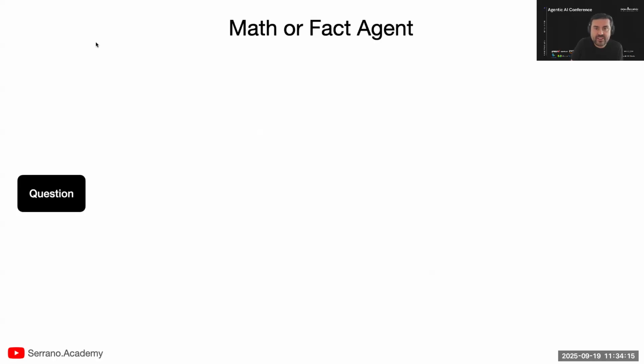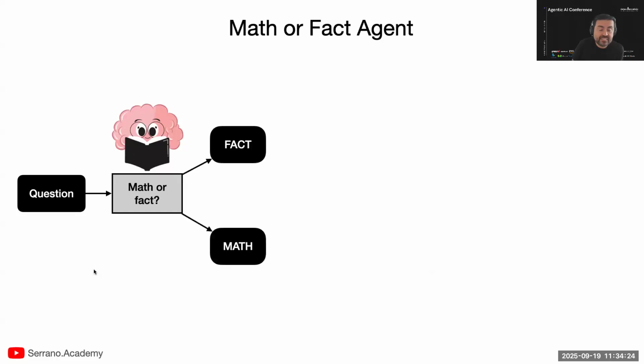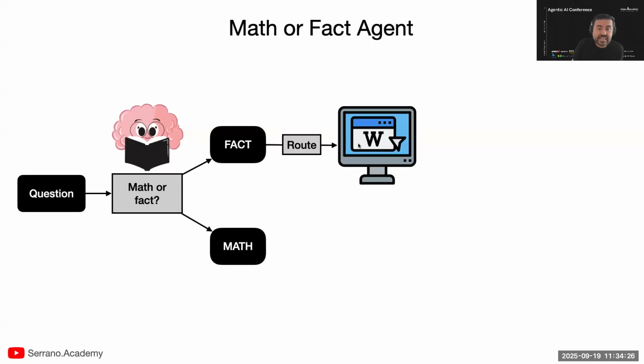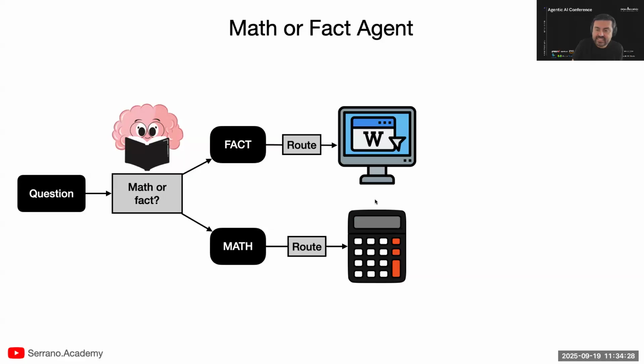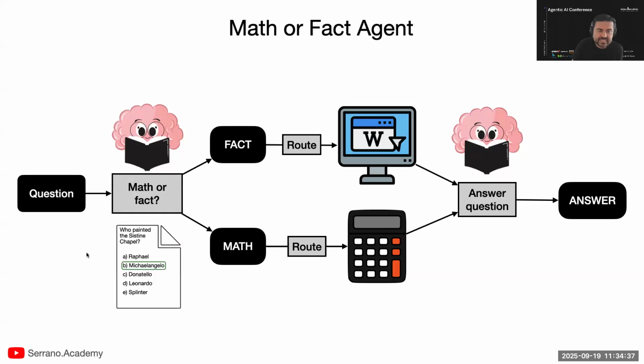And now there's another agent that I'm going to show you in the labs, which is math or fact. Give it a question. It tells you if it's math or fact. If it's fact, it sends it to RAG. And if it's math, it sends it to the calculator agent. And then it answers the question. Why is this so useful? Like, why don't I just ask the question to the LLM? Well, check this out.